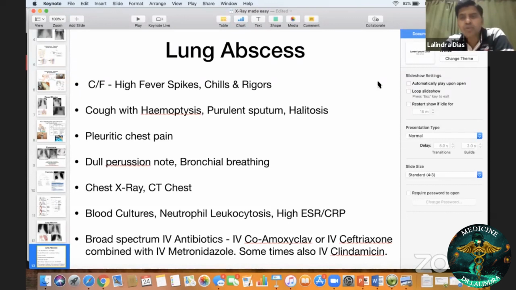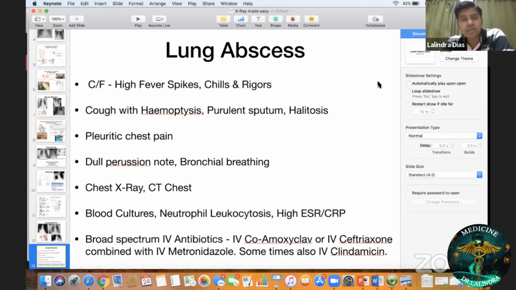So what is the antibiotic coverage for suspected lung abscess formation? It's either IV co-amoxiclav plus intravenous Flagyl, that is metronidazole, or IV ceftriaxone plus IV metronidazole.